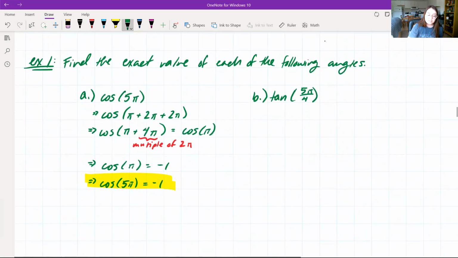So now we can do the same thing with tangent. But now with tangent, remember our period is just pi. So we want to extract as many pi's as we can. So now when we have tangent of 5 pi over 4, 5 pi over 4 is the same thing as saying pi plus pi over 4.